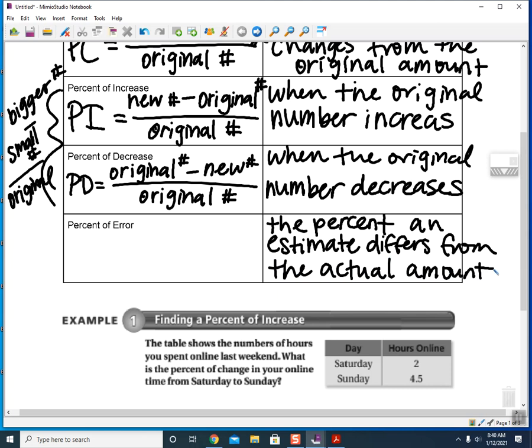So in order to figure out percent of error, we take the amount of error and then we divide that by the actual number. We'll do examples of all of these, so all of this will make sense.